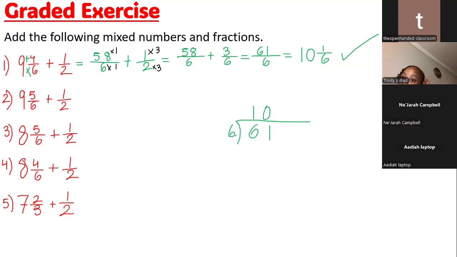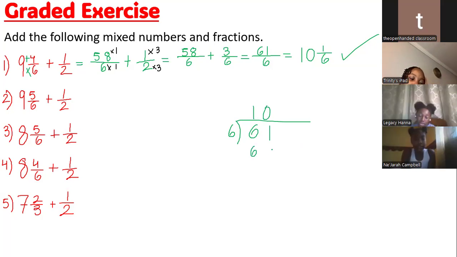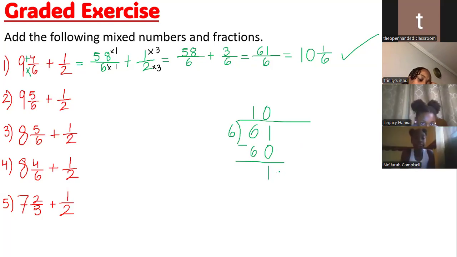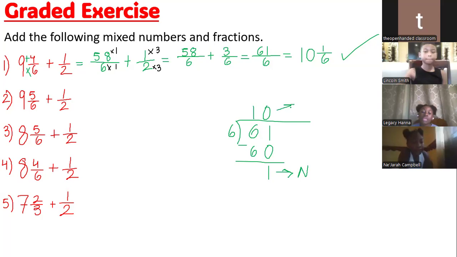Good. 6 times 10 is what? 60. Very good. 61 minus 60 is what? 1. So your numerator is going to be 1, your whole number is 10, and the denominator is 6.